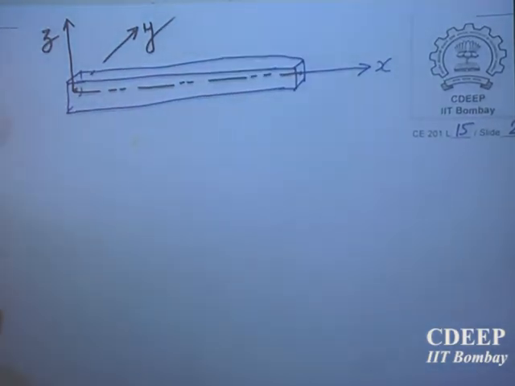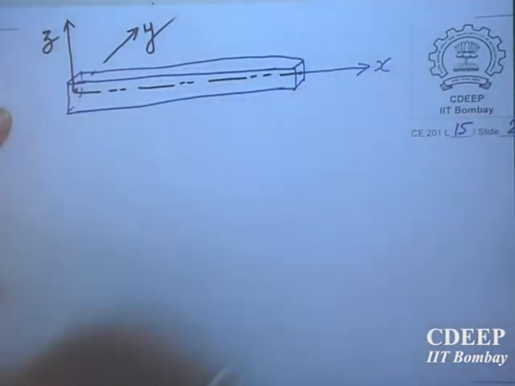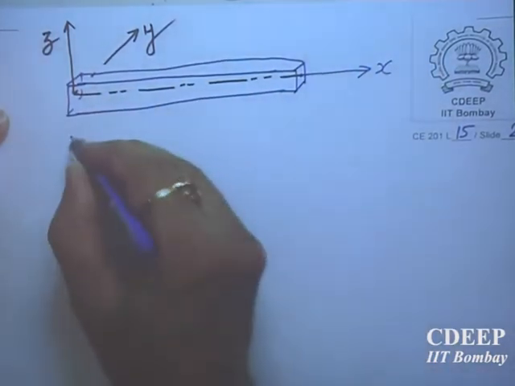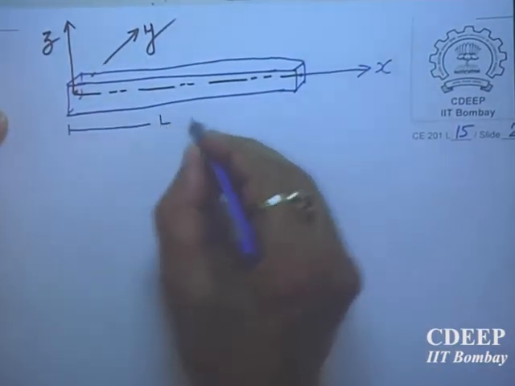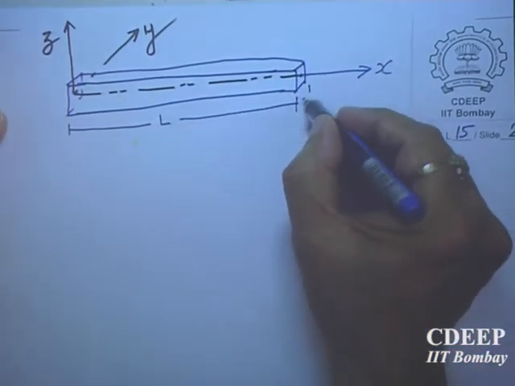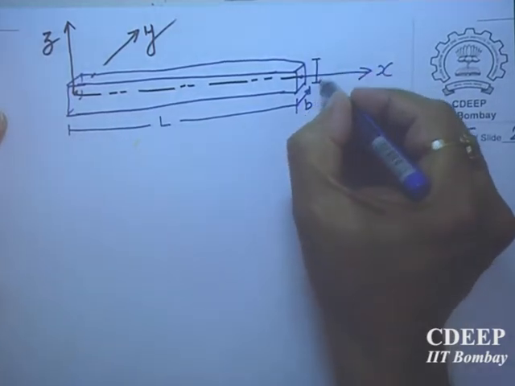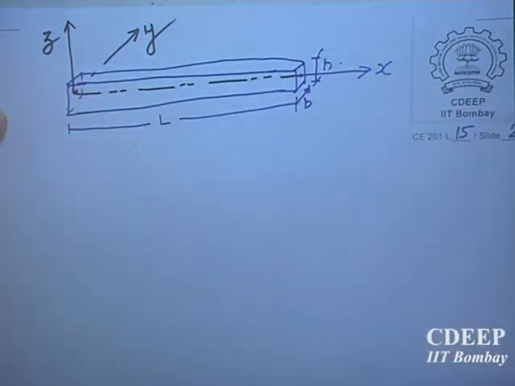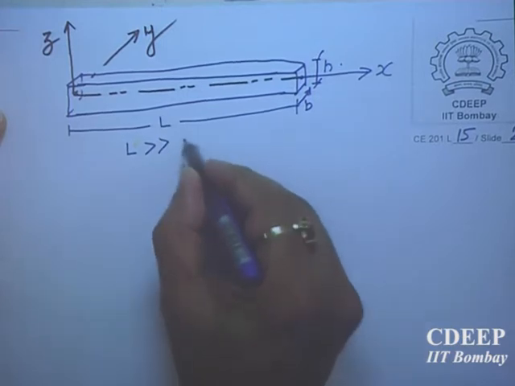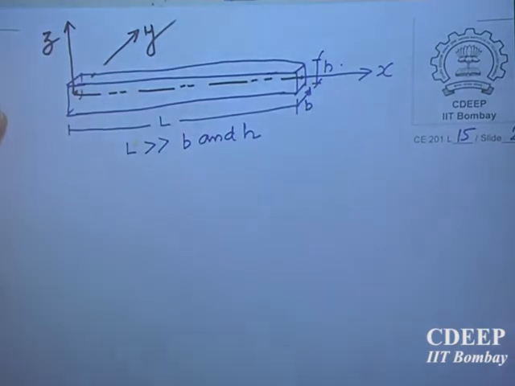Y dimension. Okay, so this is a member whose cross section, now cylinder means cross sectional dimensions have to be small. So L is very large compared to this B, and this is H. So L is very large compared to B and H. That means cylinder.